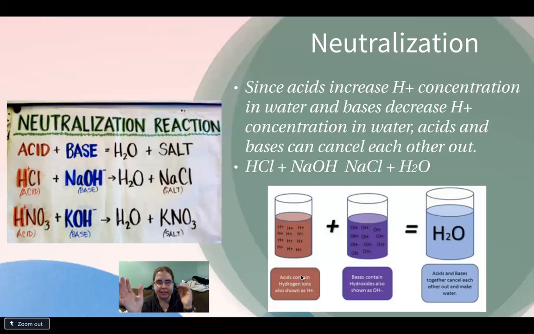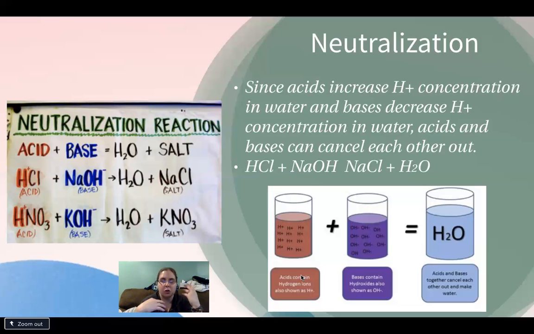So when you have an acid and a base, you can actually neutralize them by mixing them together. However, this only occurs if they are of similar strength. Because remember we said that weaker ones will give off fewer ions, stronger ones will give off more ions. And the point of neutralizing is to take all of those ions and cancel them out.